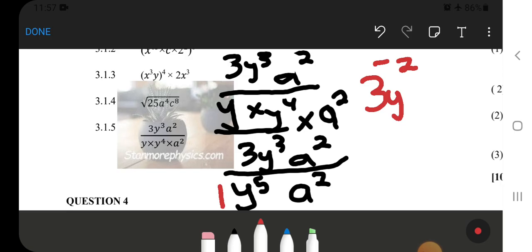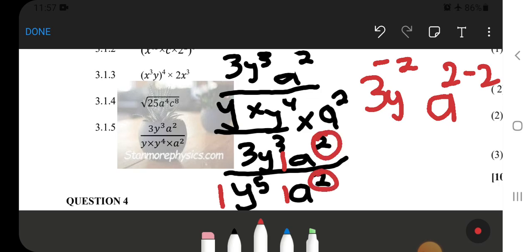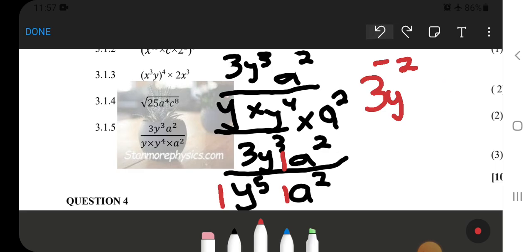And then for a, we have 1a divided by 1a, that is 1, that is still a. And then we have a squared over a squared, this exponent minus this one. So basically we're going to be left with 0 there, because those exponents give us 0.